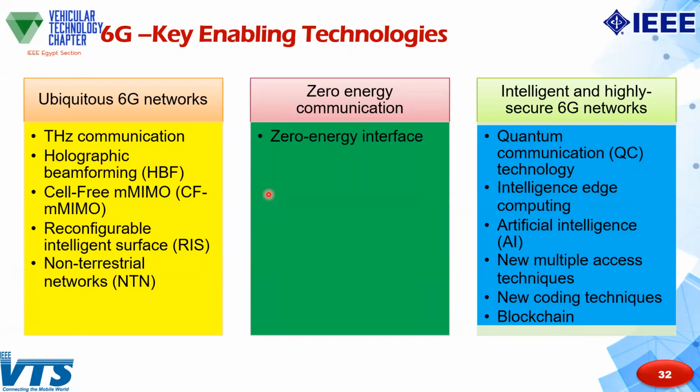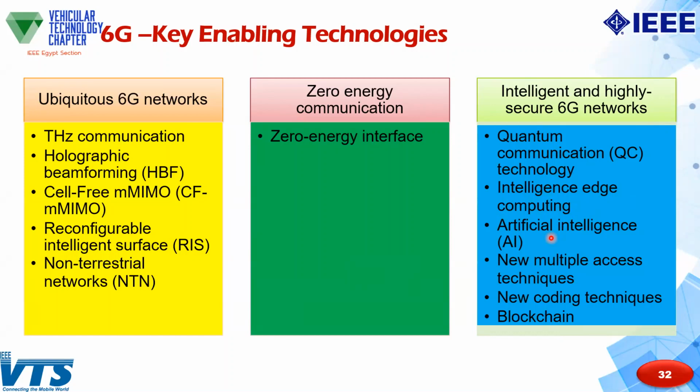Finally, intelligent and highly secure networks, because as we said, by integrating more and more heterogeneous devices and putting some of your computational power at the edge of your network at the user end, you have to take care of high security and the possibility of intrusion. So you have to think about intelligent edge computing, artificial intelligence, and how you could defend your network.